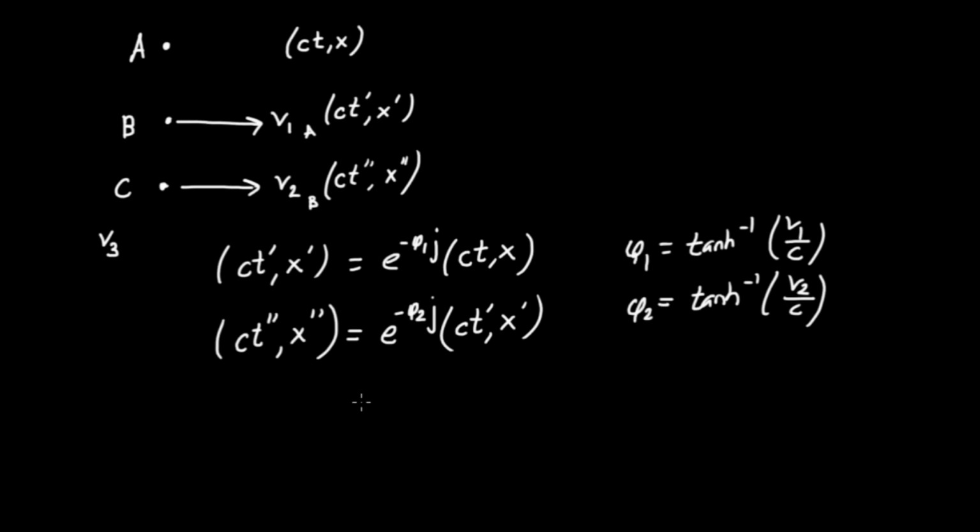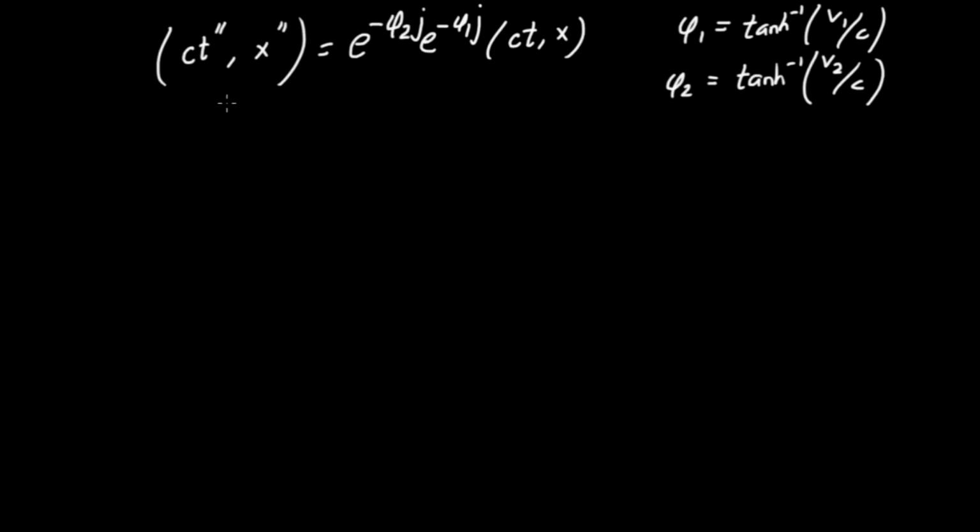Now what I can do is boost the unprimed coordinates to the double prime coordinates all in one step by just composing these two equations. So I have CTX. Now if I just take these prime coordinates and substitute them right there, I'll have CTX being first multiplied by e to the minus phi 1 times j, then secondly by e to the minus phi 2 times j, equal to the double prime coordinates.